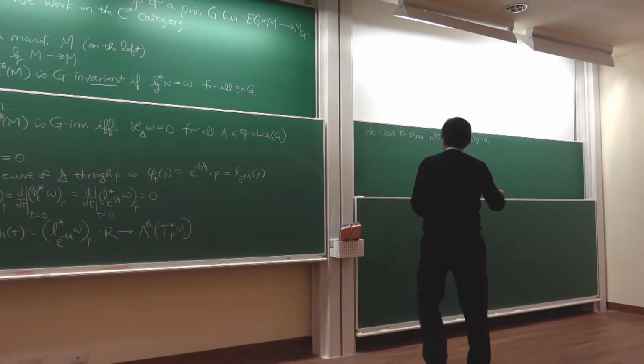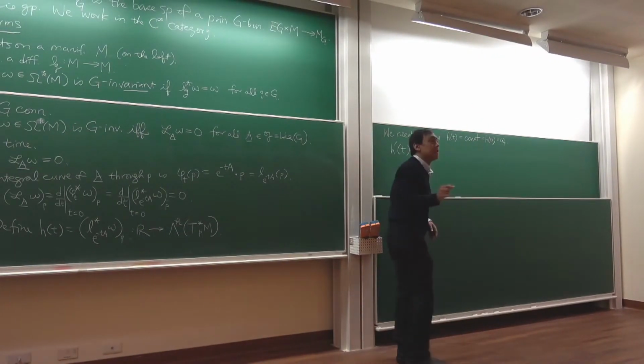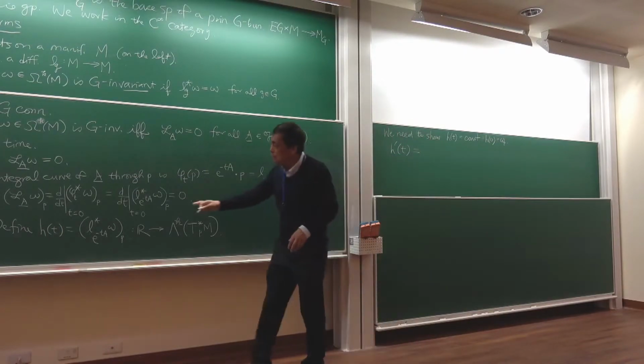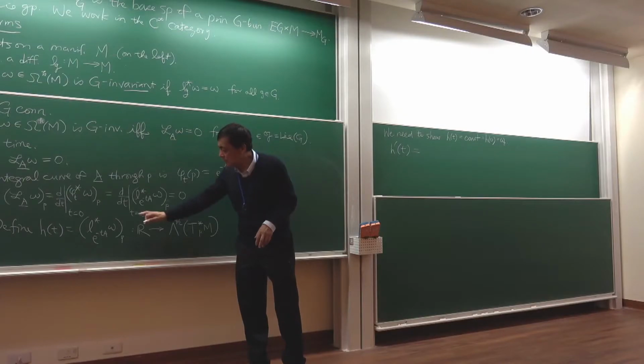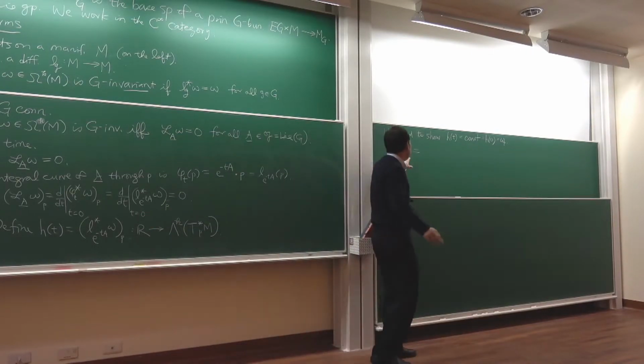So we differentiate with respect to t. Here we only know that the derivative is 0 at 0, but we need the derivative to be 0 everywhere.